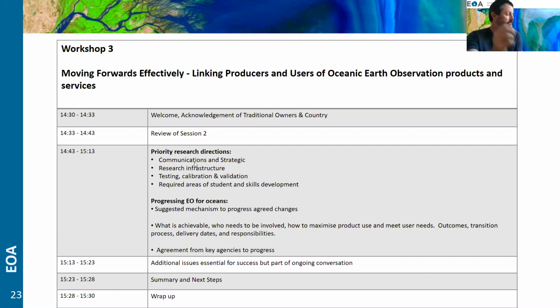Okay. So just pulling together the priority areas, there's the infrastructure, the calibration and validation.